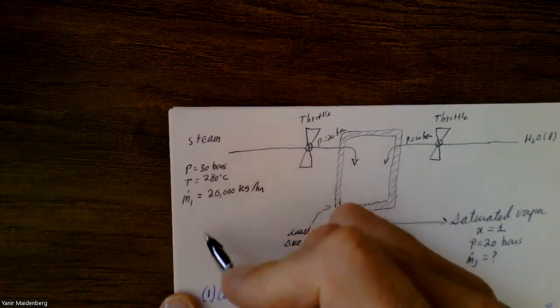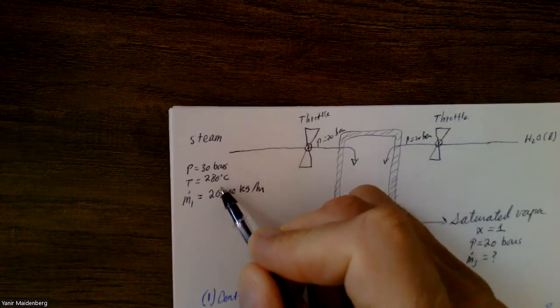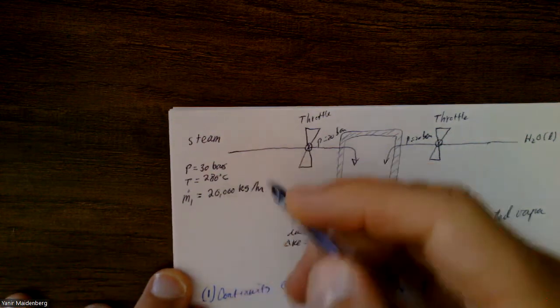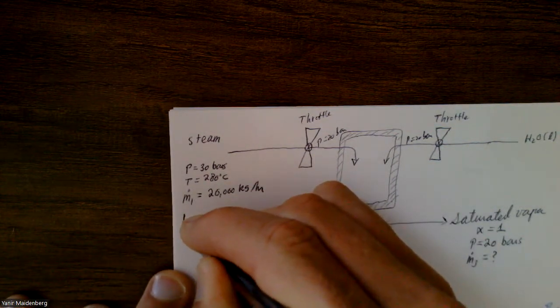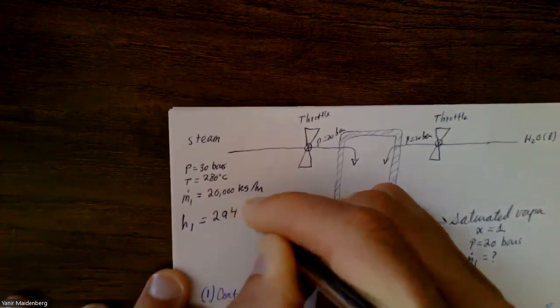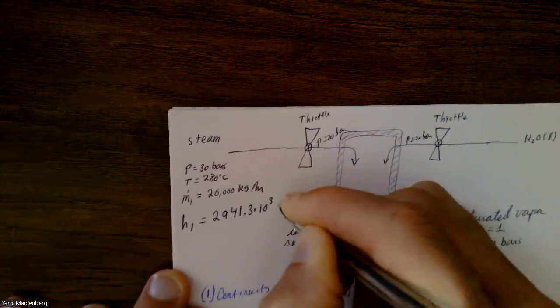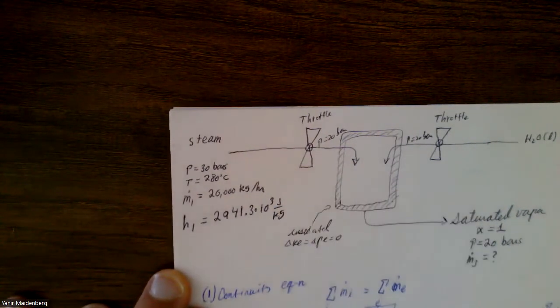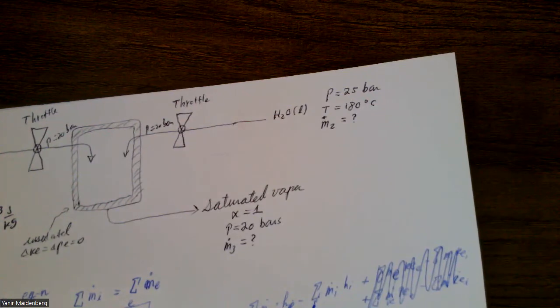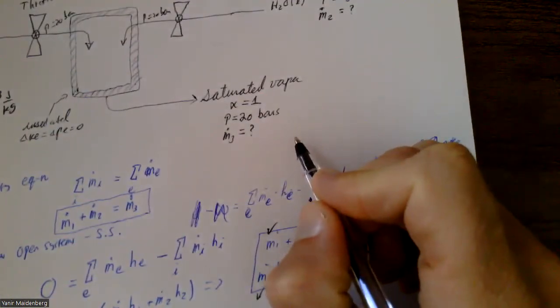You try the superheated steam table, and you go under pressure of 30 and temperature of 280, and you find that your H1 is 2941.3 times 10 to the third joules per kilogram. Okay, so we have H1. We also know that this thing is saturated vapor.